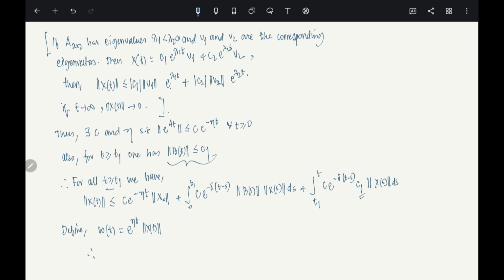Therefore, w of t is dominated by this term c, norm of x naught, this term e to the power eta t goes there, and this term, so e to the power eta t.